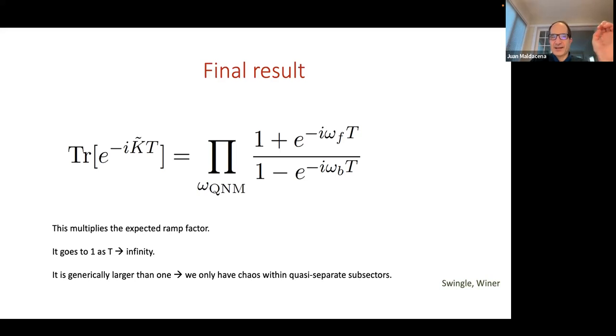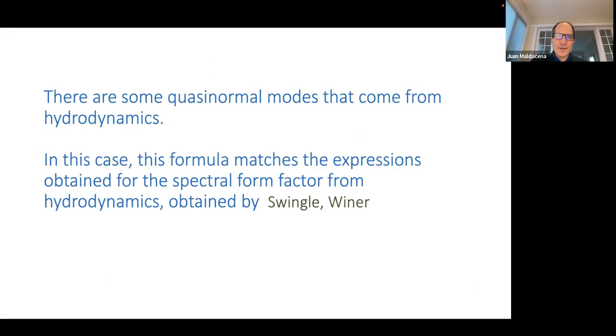We get some correction that is due to the quasi-normal modes. It's a correction that disappears when we go to very large times, but is present for finite times. And it's representing this lack of full thermalization, or the spread of chaos within the full system.